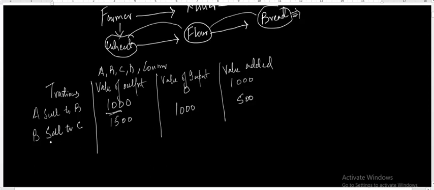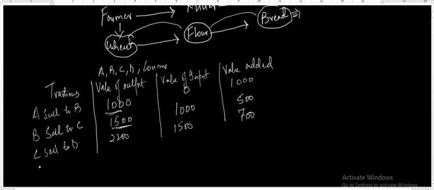Then say C sells to D. He again processes it and sells it for, say, 2200. His input of 1500 becomes his intermediate good, so he subtracts it, and the output increases by 700.